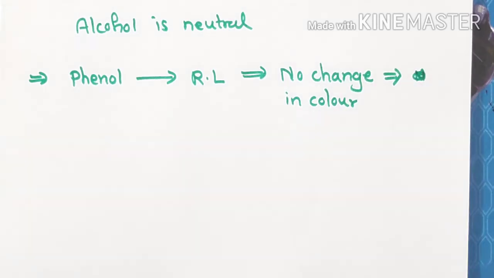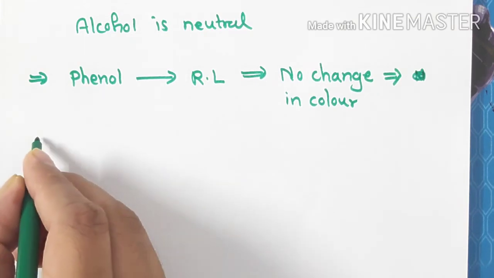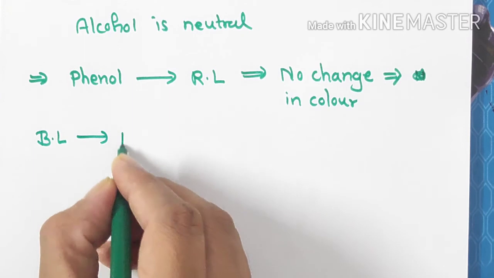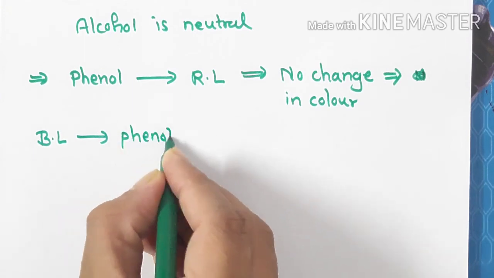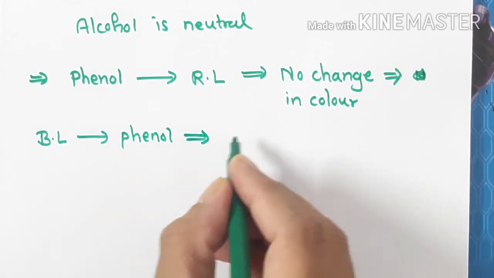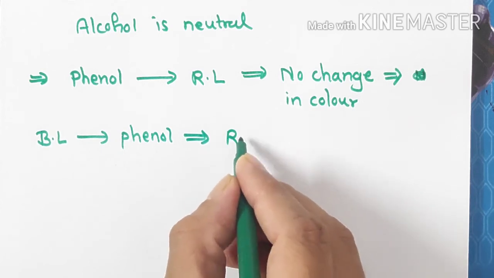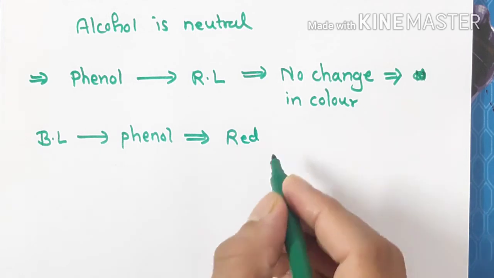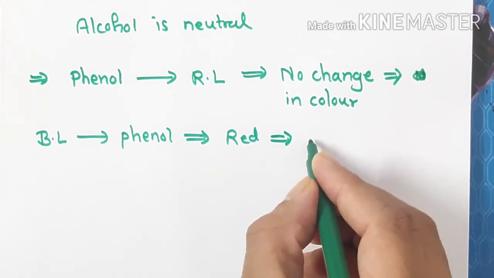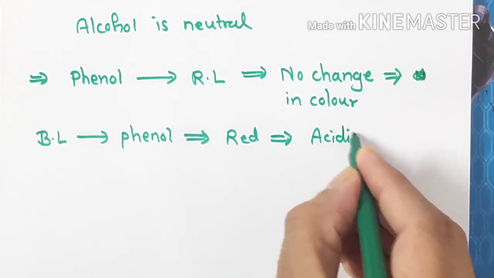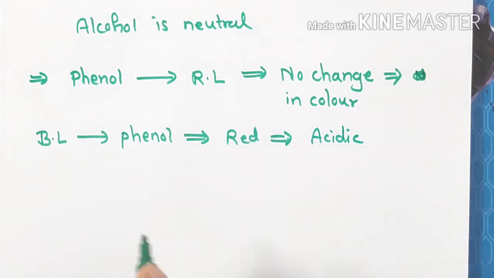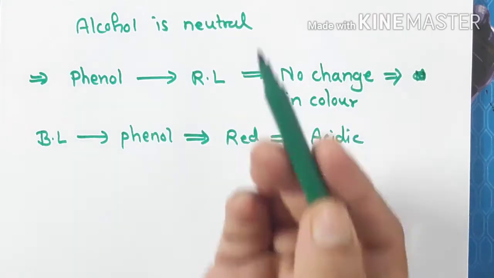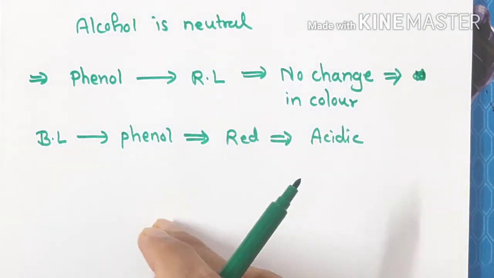But suppose I take blue litmus and put this in phenol, and the litmus color changes and it becomes red. Blue litmus changes color to red, so I can say it is acidic. So for phenol, as far as the litmus test is concerned, blue litmus turns red.